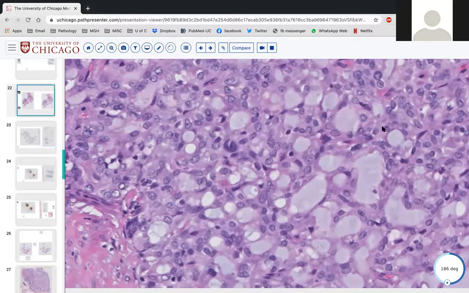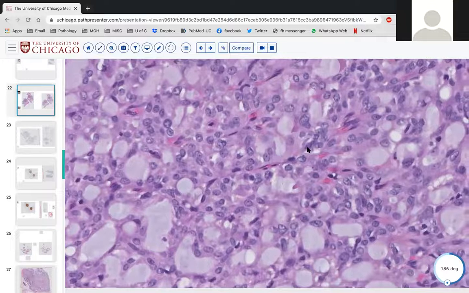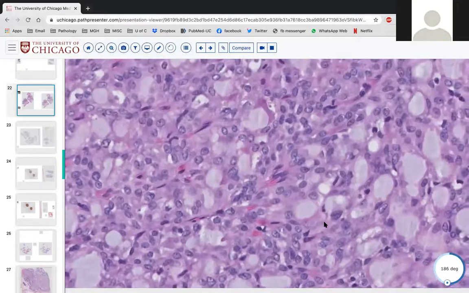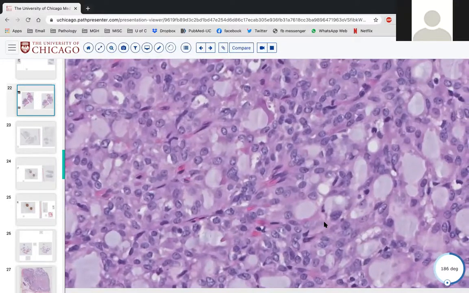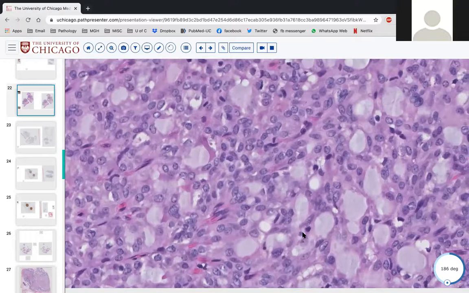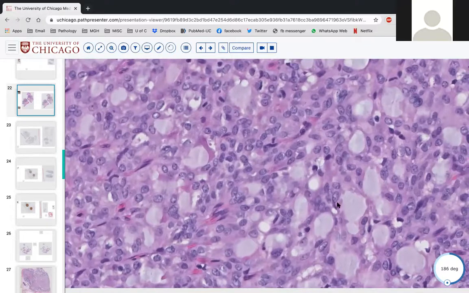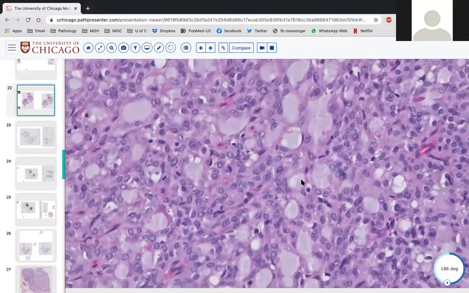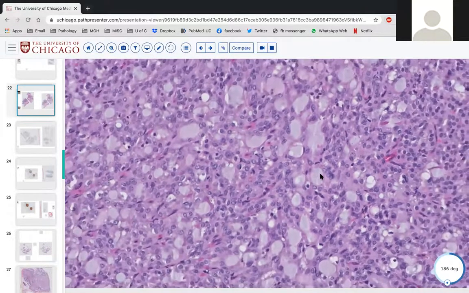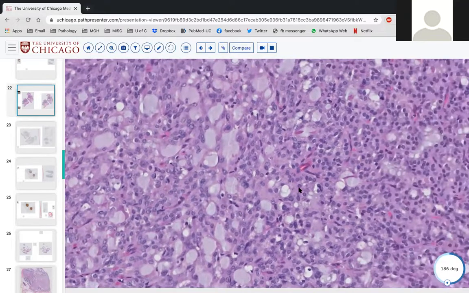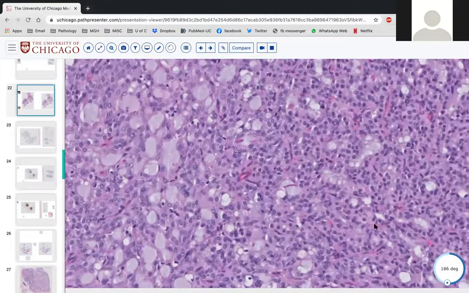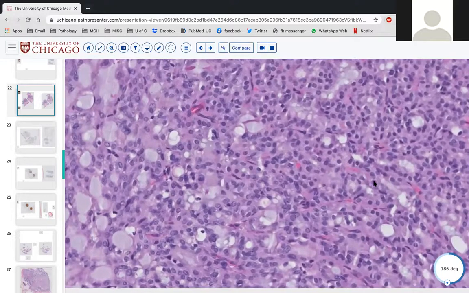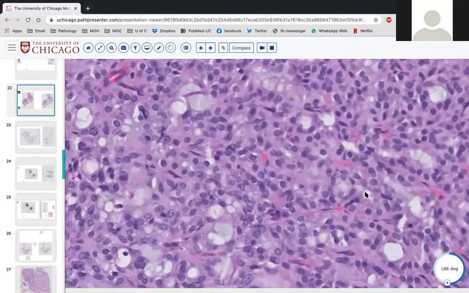The only thing with mucoepidermoid carcinoma is, was anybody able to see any cells with mucus in them? Not really. You can have more cellular and more microcystic architecture in mucoepidermoid carcinomas, but you should also always be able to find at least one mucus cell or goblet cell.